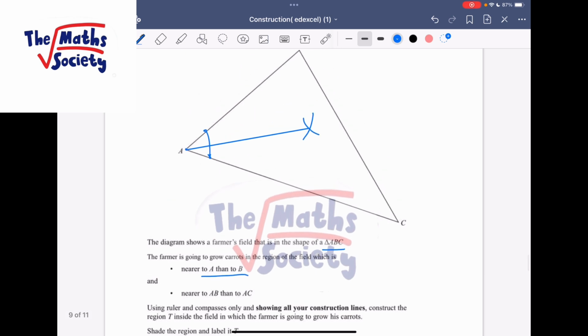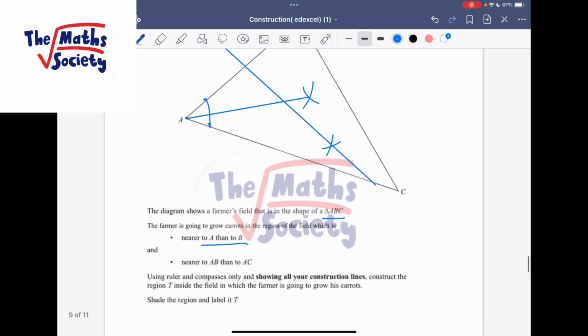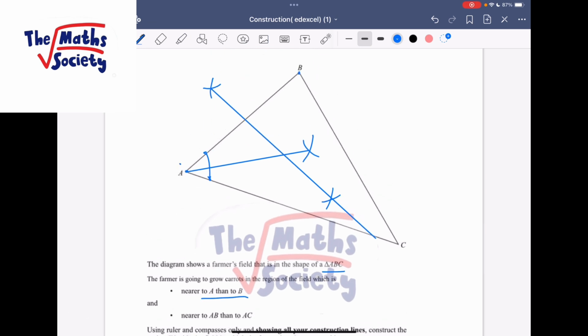Basically you're going to use A and B: draw one arc from the A side and one from the B side, just drawing them for the angle bisector. It says, using ruler and compass, draw all construction lines and shade region T inside the field, nearer to A than to B, and nearer to AB than to AC, which is just this part. Label it T this time.